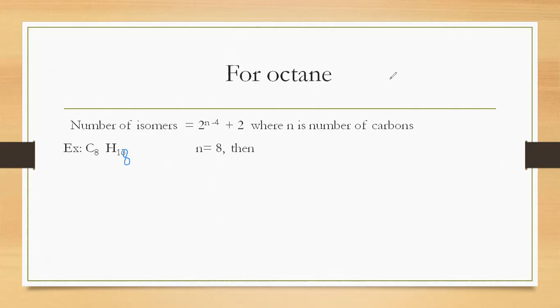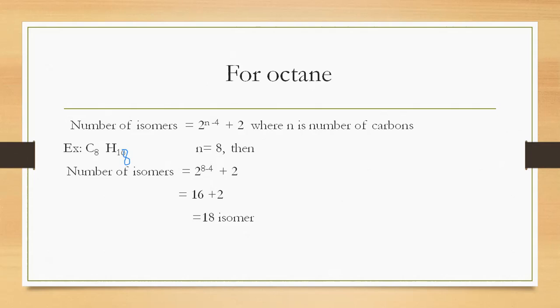Now calculate and tell me. 2 to the power 8 minus 4 plus 2. 2 to the power 8 minus 4 is 2 to the power 4, plus 2. 2 to the power 4 is 16 plus 2. Total of 18 isomers. So octane has 18 isomers.